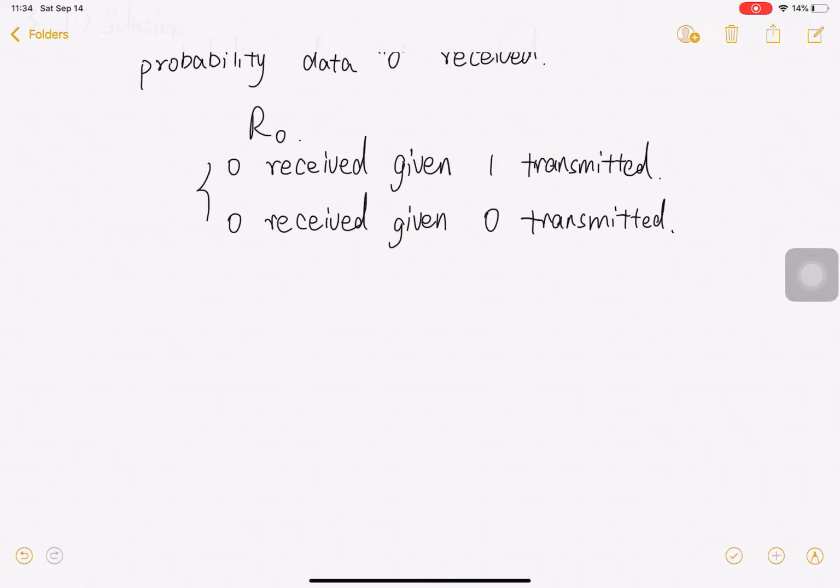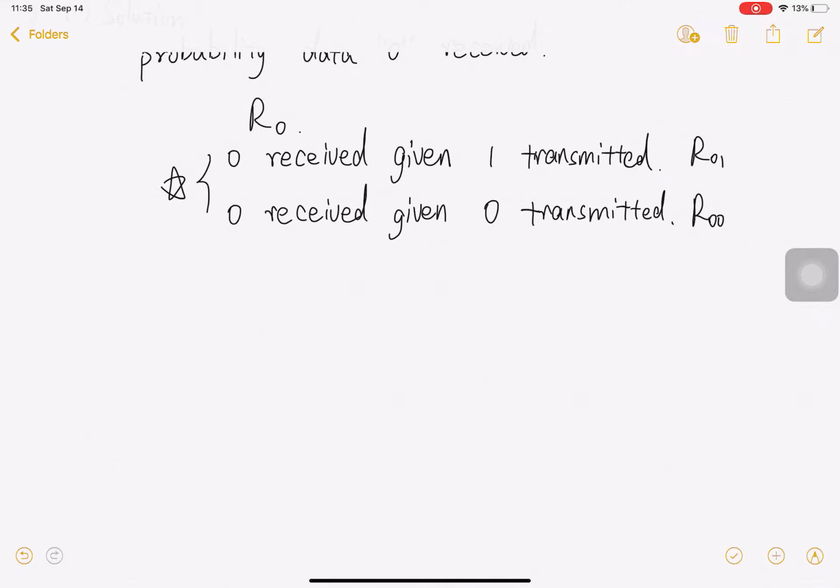So the answer to this question is that the probability of R0 equals the probability of these two events, right? Let's also make the notation: R01 means 0 received given 1 transmitted, and let's write this here, R01, and R00 means 0 received given 0 transmitted.